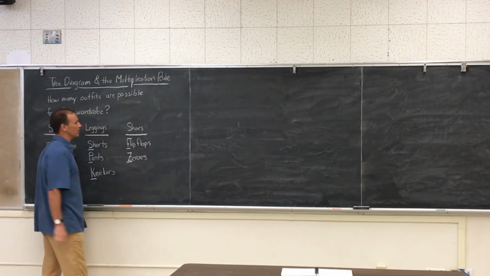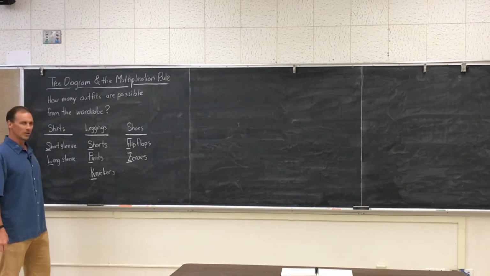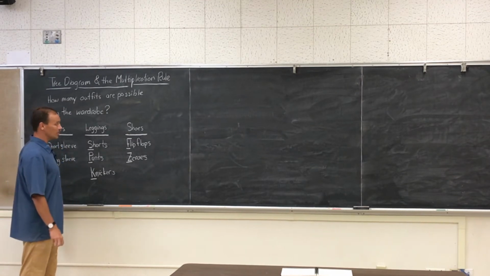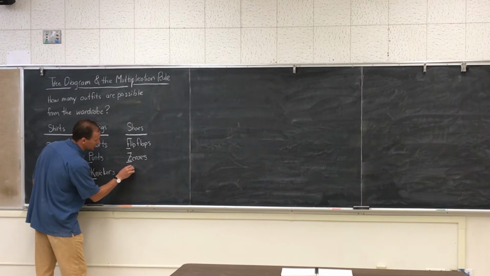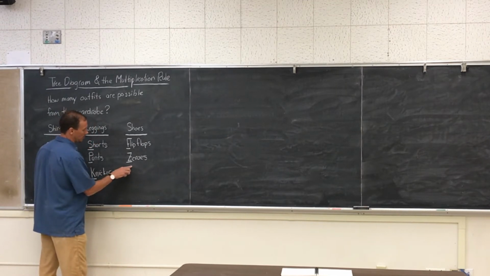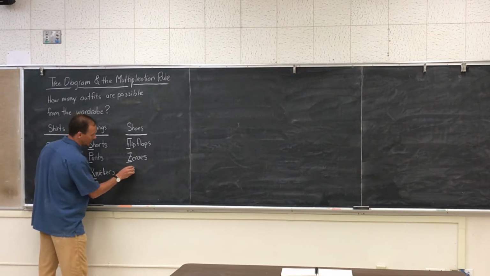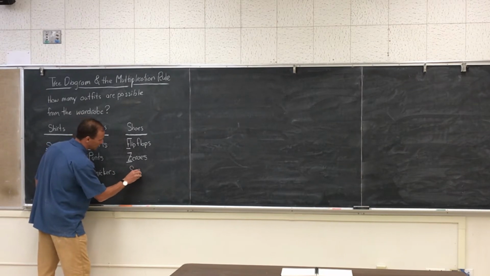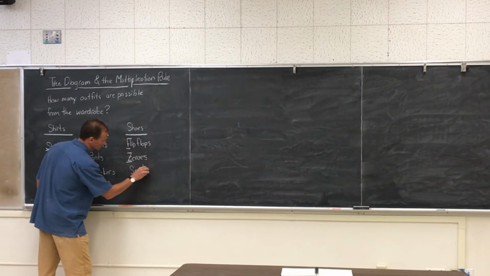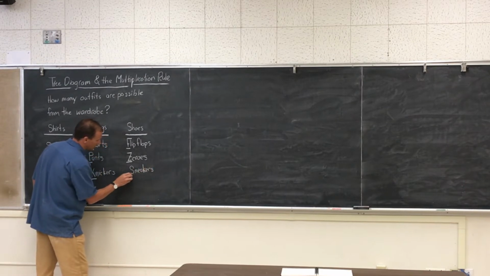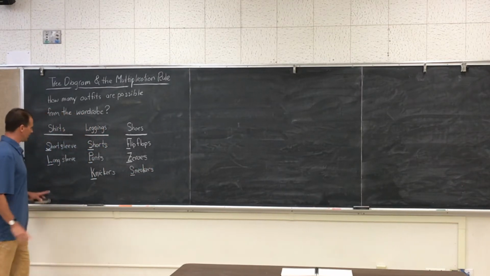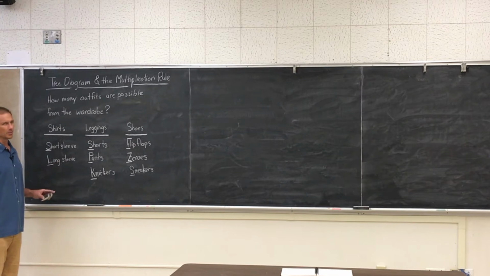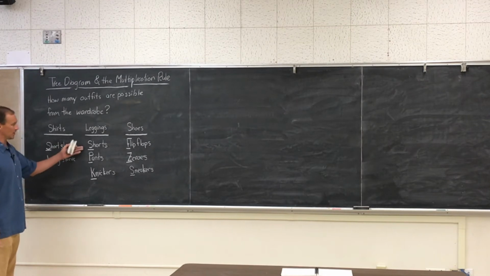What else could I put on my feet? Maybe I'm going to be doing a lot of walking. I might want to wear a pair of walkers, or sneakers. Now I know we've got S's in all three categories, but you'll see the way we lay it out that it works just fine. What's important is that within a category, they all start with different letters for clarity.